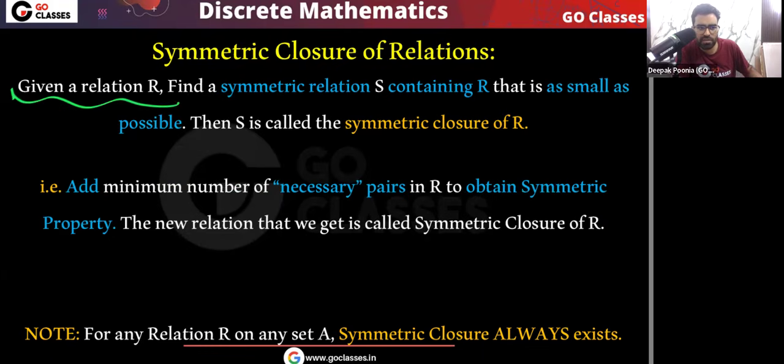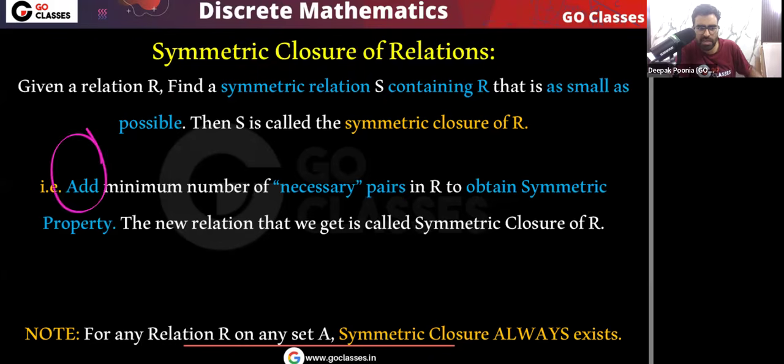What is symmetric closure of R? Given a relation R, the symmetric closure is basically a symmetric relation containing R that is as small as possible. In other words, given a relation R, how to find the symmetric closure?